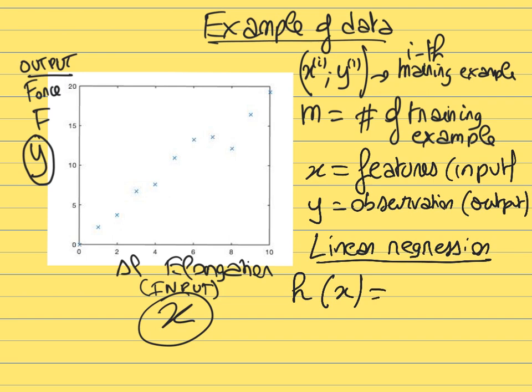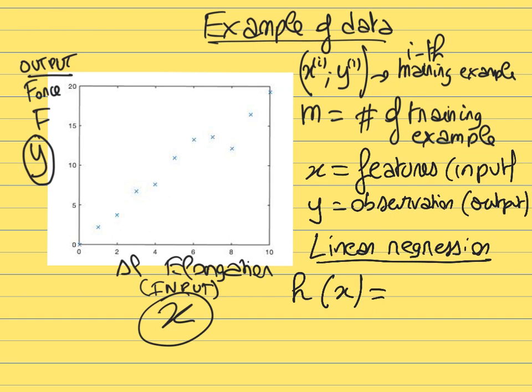And in the case of linear regression, the hypothesis of the model will be expressed in terms of a linear function. A linear function of the type ax plus b, for example, where you have a slope and an intercept. That's a linear relationship.